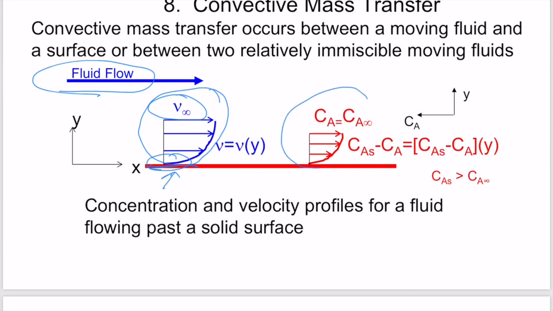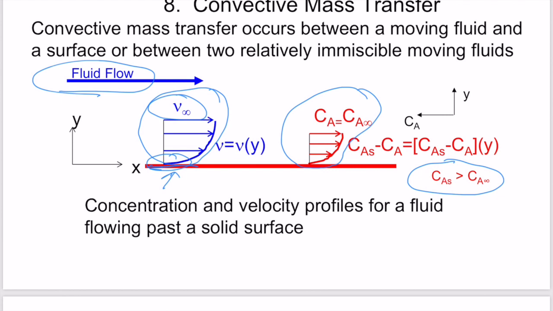Here, we're looking at the concentrations. And in this case, the concentration is a little bit backwards. She's saying that the concentration at the surface is greater than the concentration at infinity.